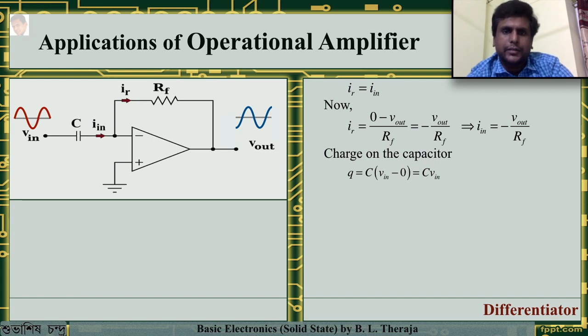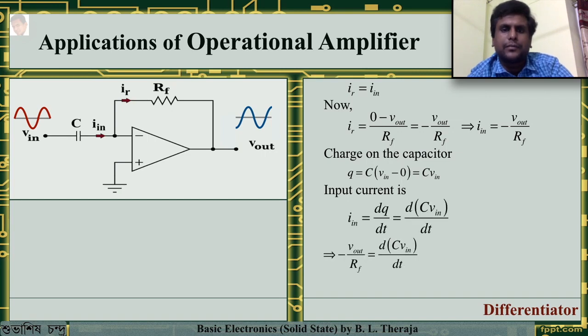The input current is given as dq by dt, or plugging the values of the input current, we get the equation minus Vout by Rf equals d(C Vin) by dt. The output voltage Vout equals minus C Rf dVin by dt.